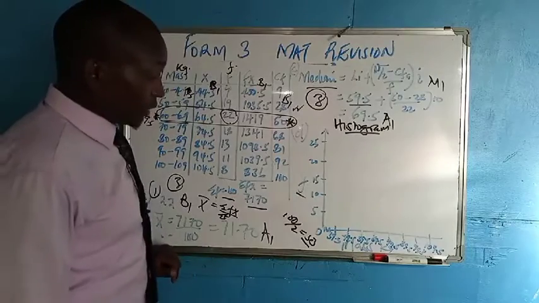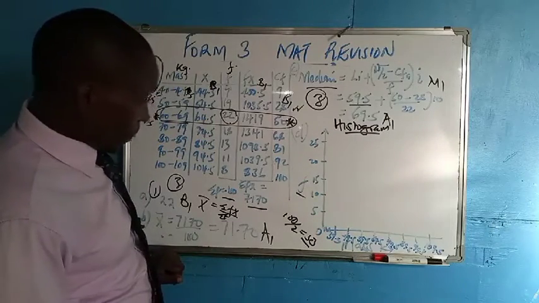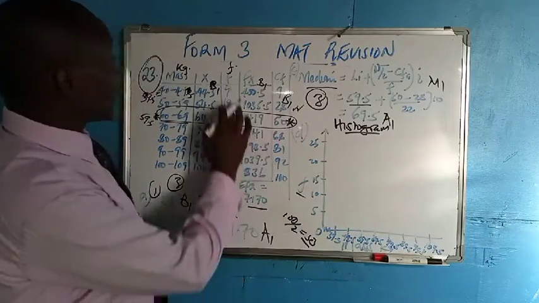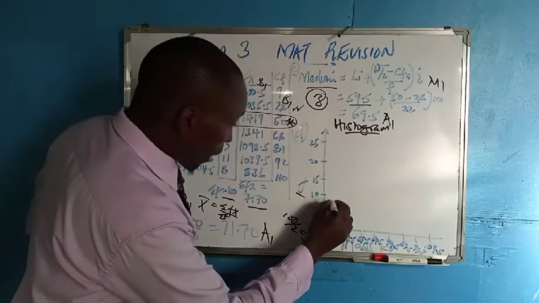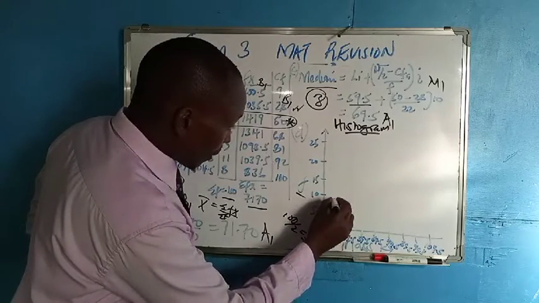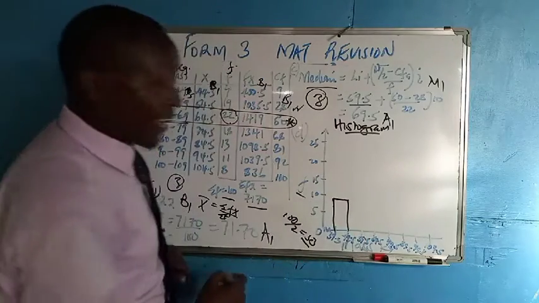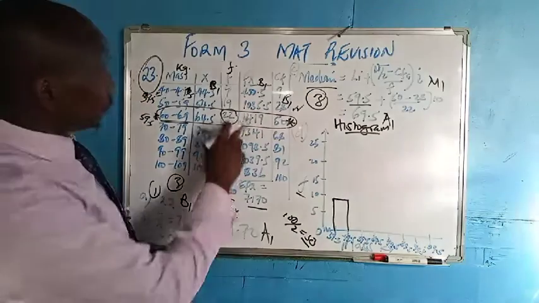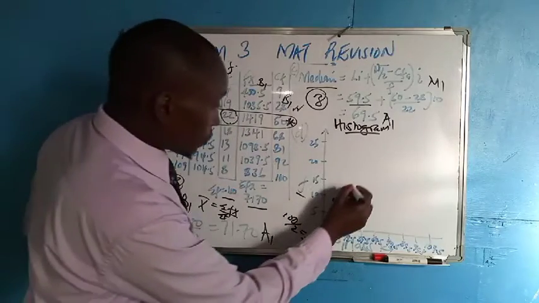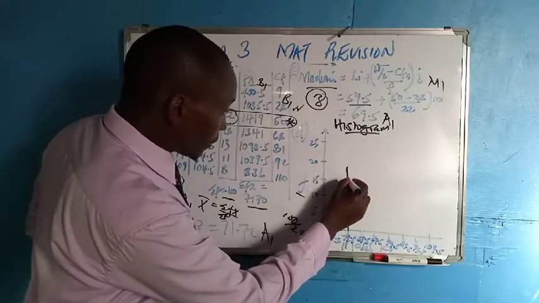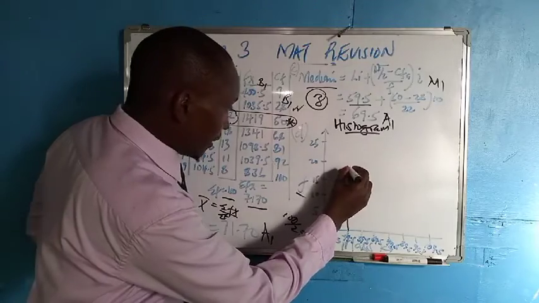With that, my student, we start plotting. The first class, the frequency was 9. So I need just to get where 9 is exactly, and then I draw a bar. The next one is 19. So I extend that to where 19 is.